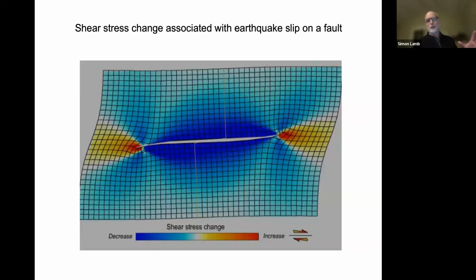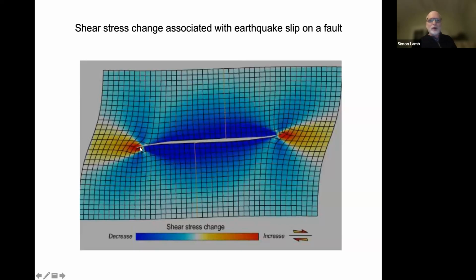So you're converting elastic strain into permanent slip on the fault. And so if you think of the system just before the earthquake and then compare it afterwards, what you find is that the elastic stresses round the fault where it slipped have actually been reduced. And this gives rise to what we call a stress drop.